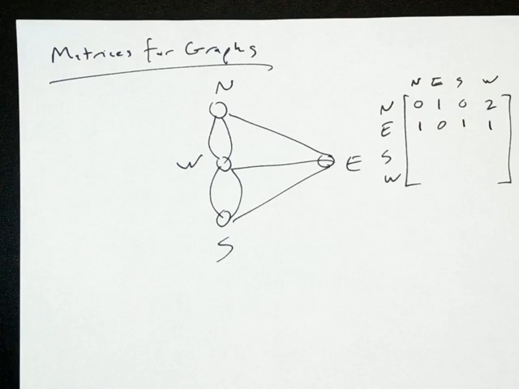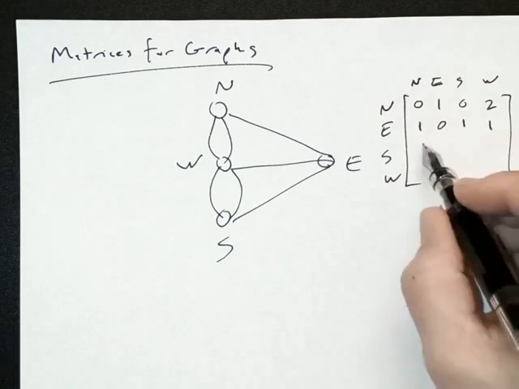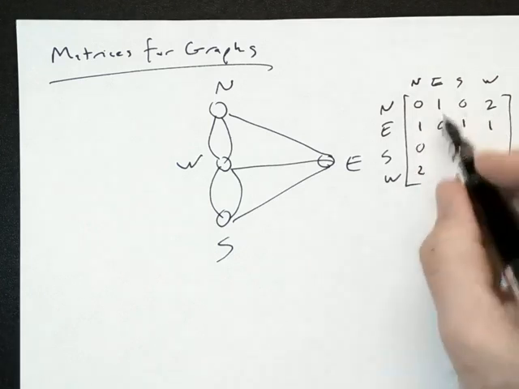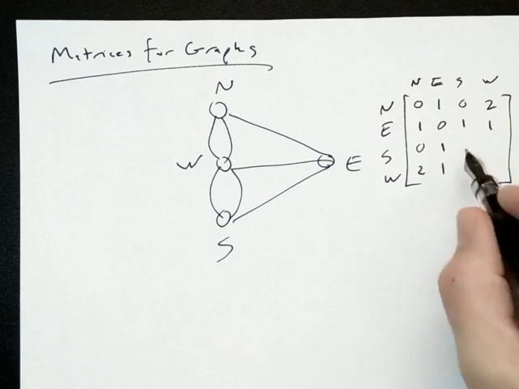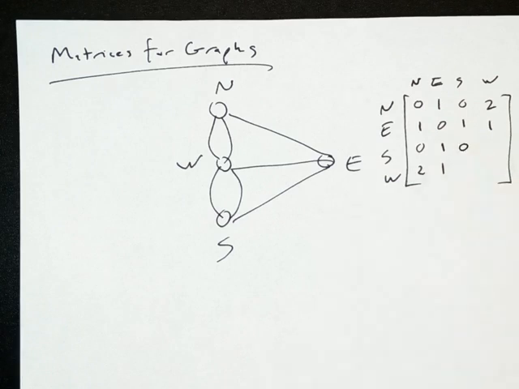Symmetry, which means I not only can fill in across the row, I can fill in down the column at the same time. South. Is south connected to itself? Nope. Is south connected to west? Twice. Is west connected to itself? This is called the adjacency matrix.